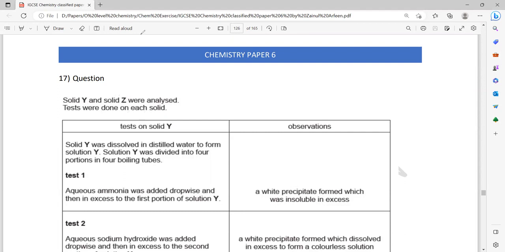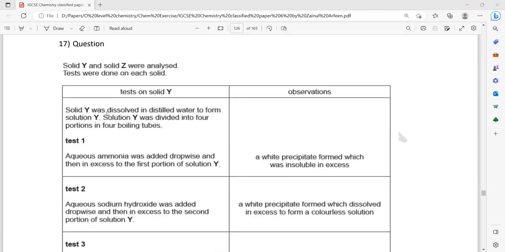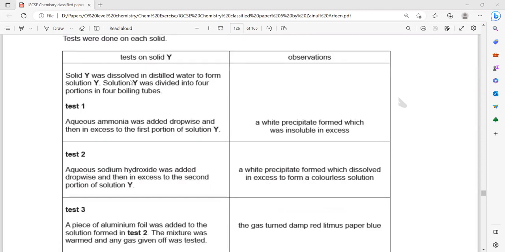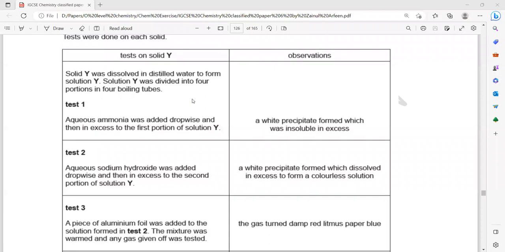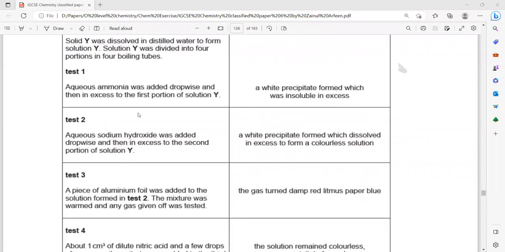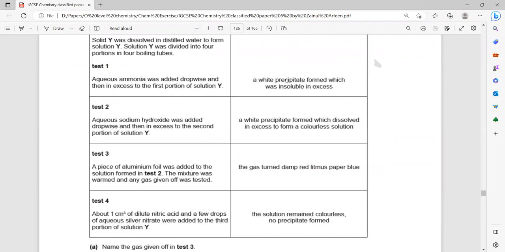A test was done on each solid. Test on solid Y: solid Y was dissolved in distilled water to form a solution, and solution Y was divided into 4 portions. When aqueous ammonia was added dropwise, a white precipitate formed, which was insoluble in excess. So which ion is this? Aluminium ion.